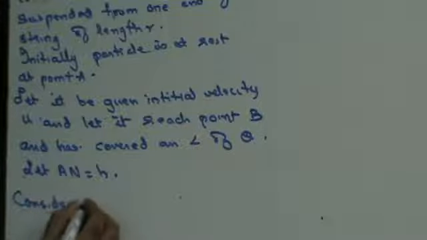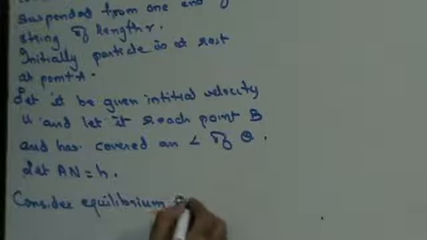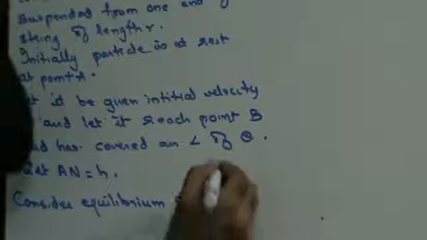Now, consider the position of the particle at B. Now if B is the equilibrium position, let's try to find out the forces that are going to be acting on the body. One, the weight of the body, mg acting downwards.